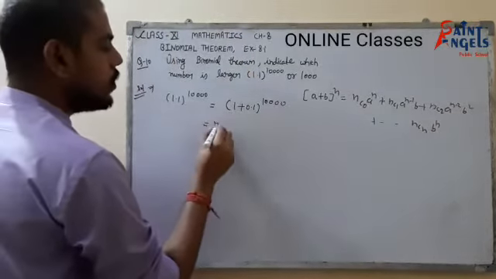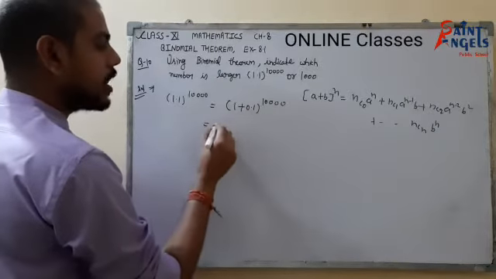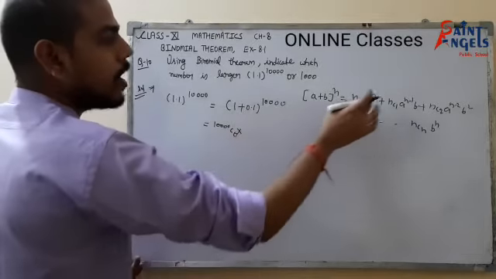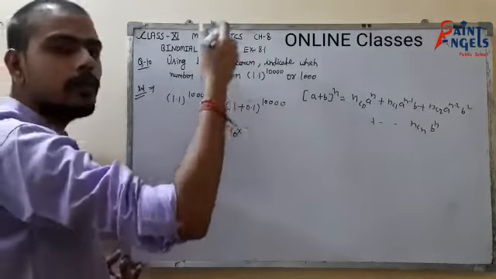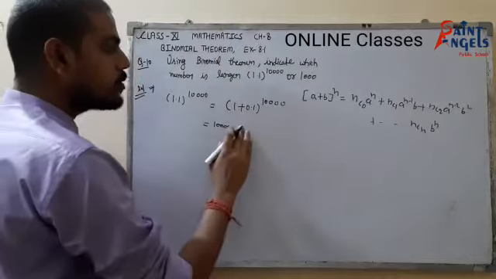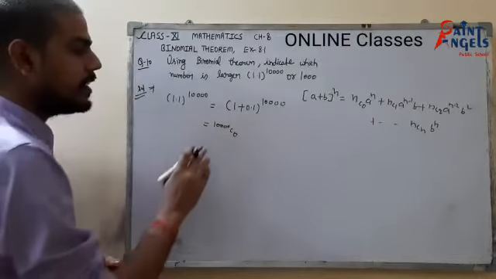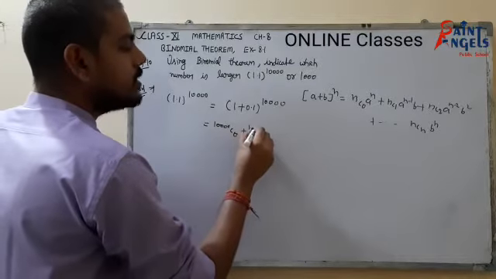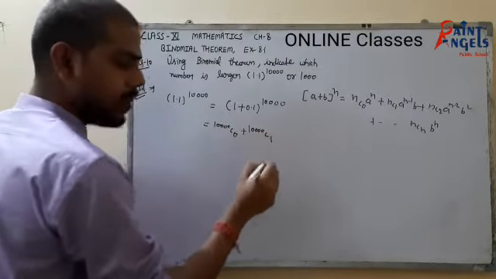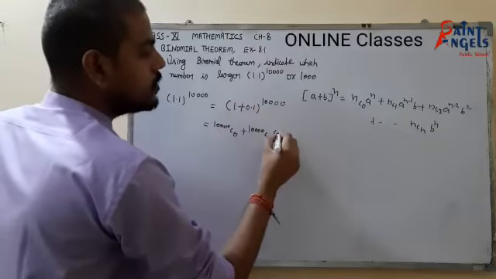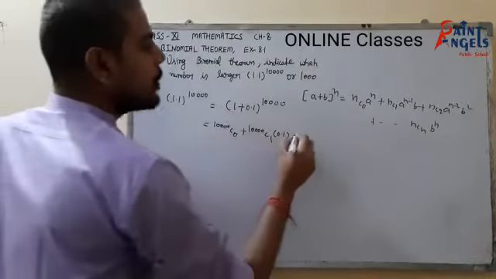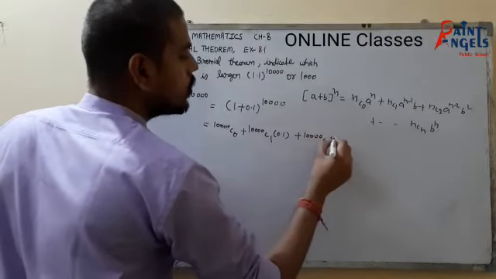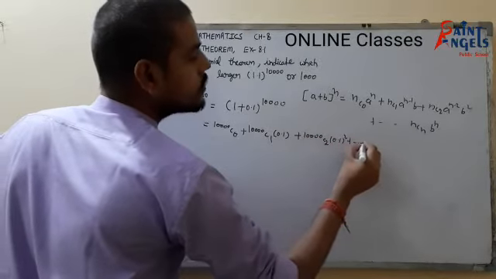So here n is 10,000, so 10,000C0 into a^n. Here a is 1, so 1 to the power whatever will always be 1, so I'm not writing it. I'm just leaving it like 10,000C0. The next term would be plus 10,000C1, then b, so 0.1, plus 10,000C2 into 0.1 squared and so on.